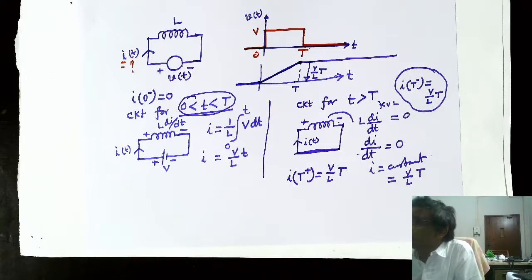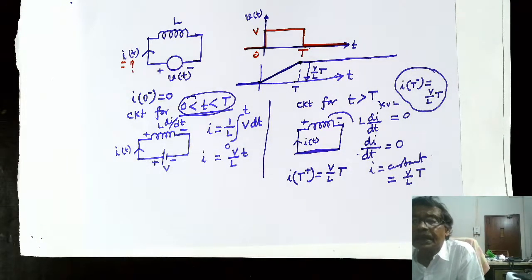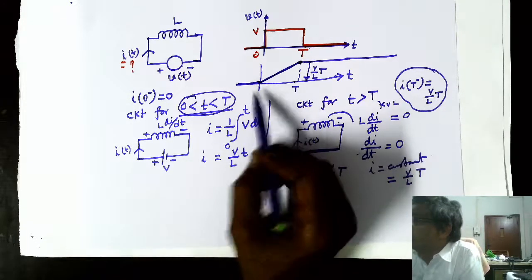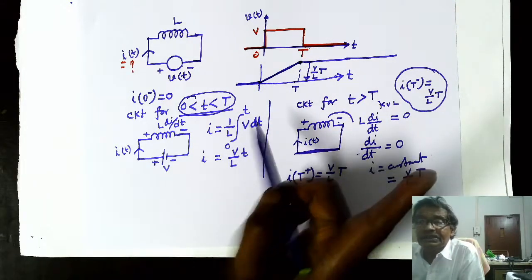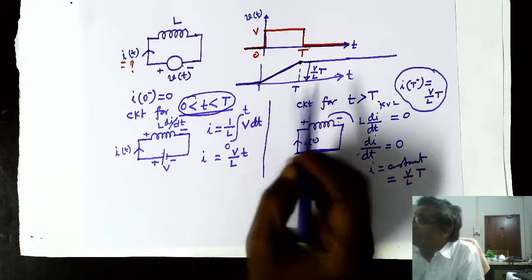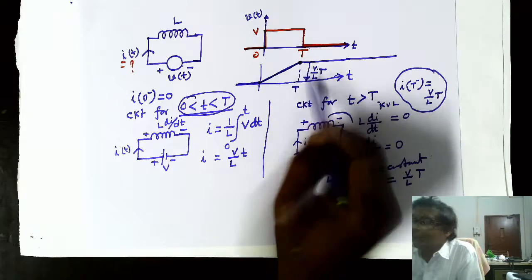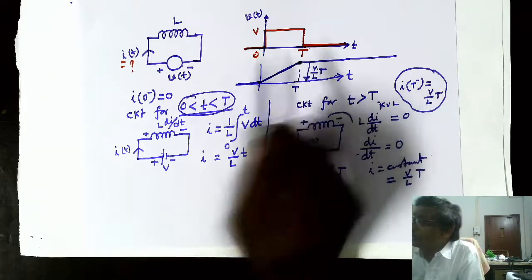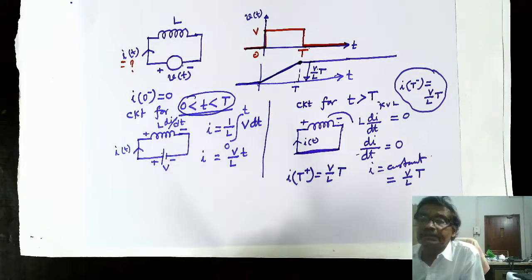This you must understand, and there is nothing surprising in this particular result. Why? Because you have charged the inductor with certain current, then you have shorted it. Mind you, this is an ideal inductor. During the time interval 0 to capital T, the inductor has stored energy. How much is the stored energy? It is half L into the current squared. After that you have shorted the inductor, so where will that energy be dissipated? There is no place for any dissipation.